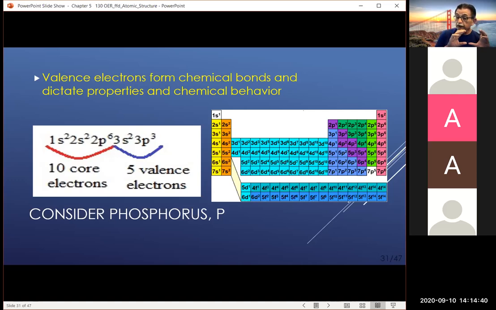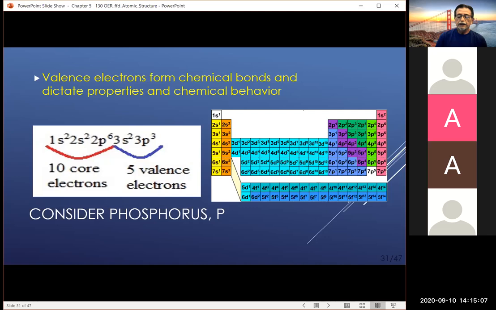Like I said earlier, put this in long-term memory: metals lose electrons, non-metals gain electrons. So that should have told you right away: phosphorus, where is it on the periodic table? Oh, it's a non-metal. It will gain electrons. Okay, so that's correct. Now, how many electrons do you think it would gain?